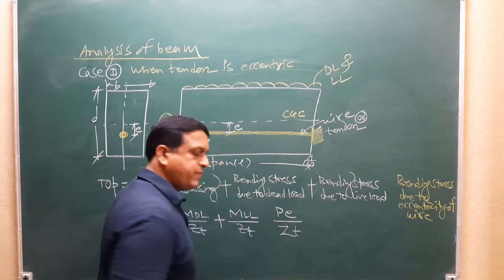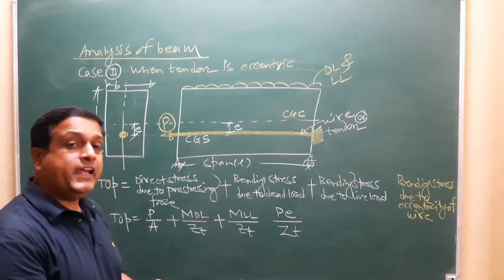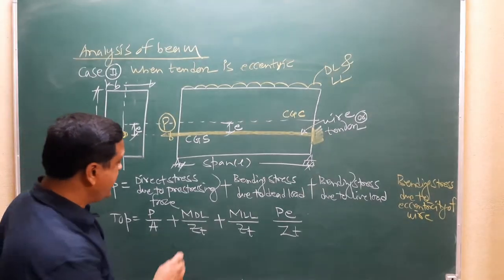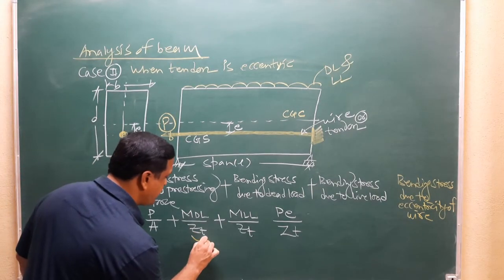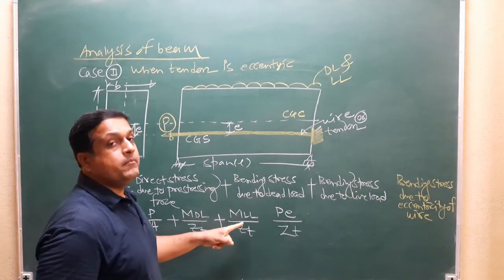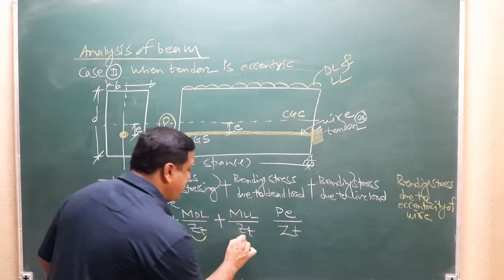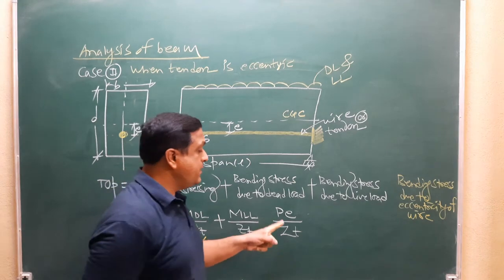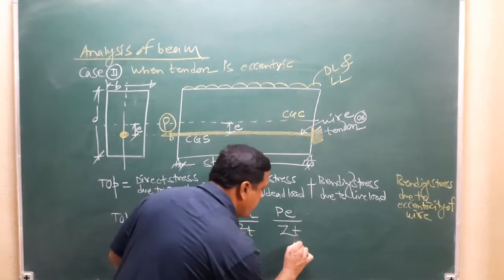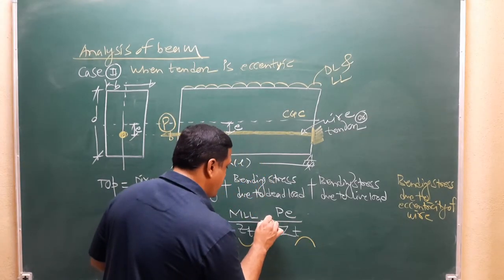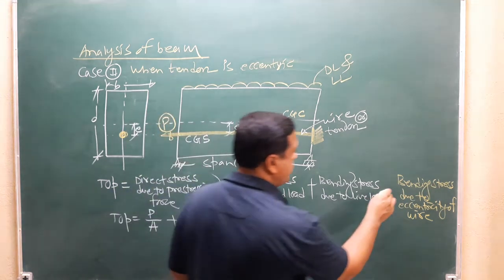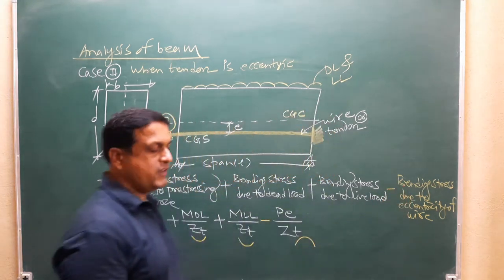Bending of the beam due to dead load is sagging, and due to live load is sagging. Now bending of the beam due to this bending moment is hogging, so I put minus here.